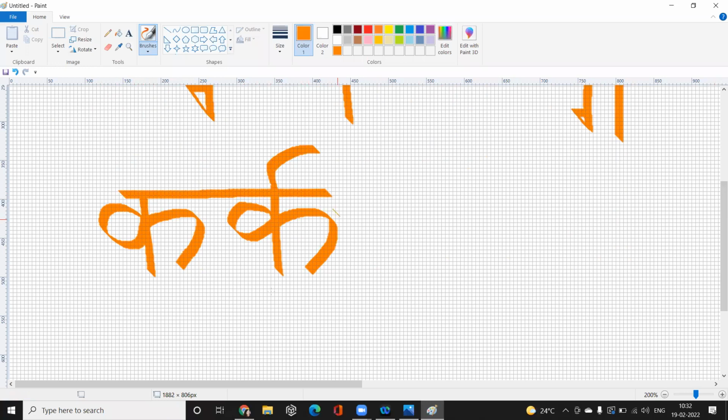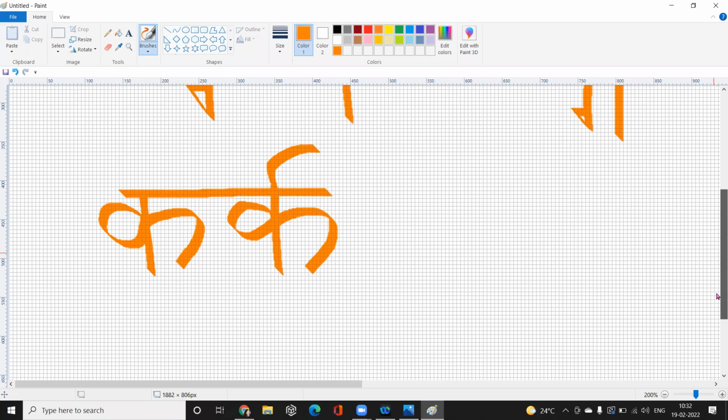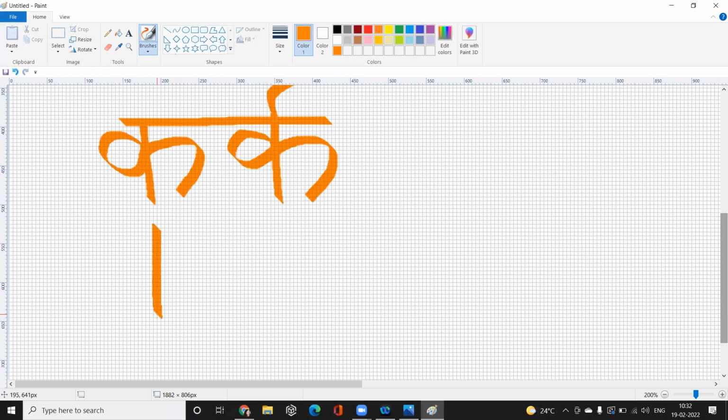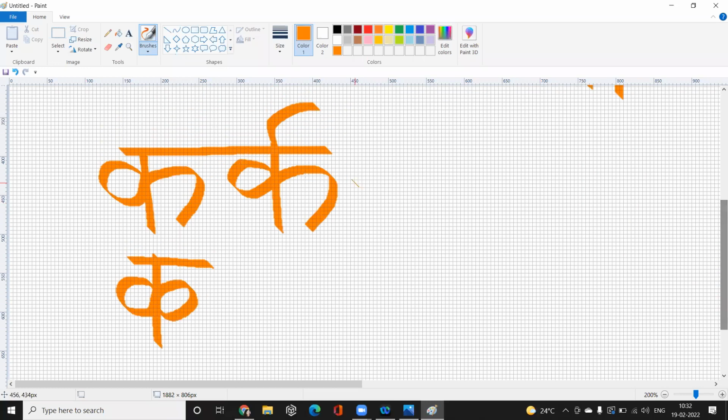In kark, we have this ka complete in the beginning, but this ra on the top is half. That's why the sound is kark. We are not pronouncing the ra complete. So ra would be written complete because it's half.